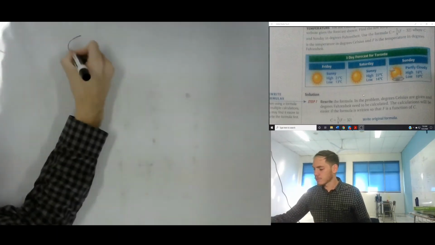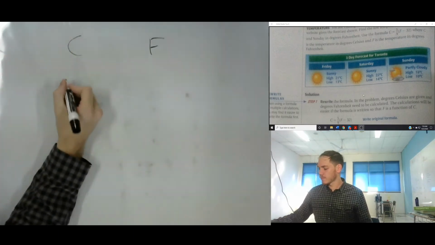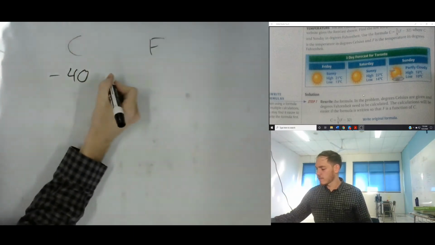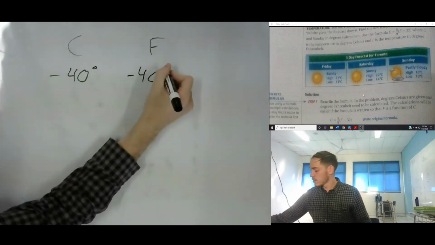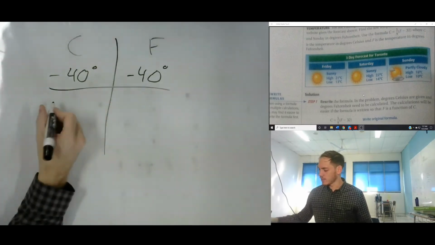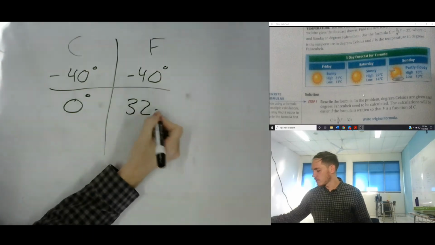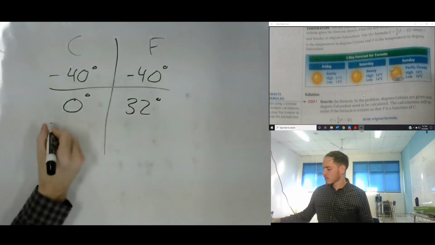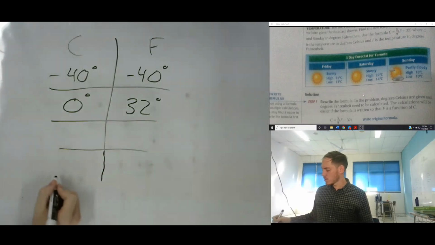Actually, on that note, some crucial Celsius and Fahrenheit things you should know: negative 40 and negative 40 are equal. Then 0 and 32. And there's a few other ones.